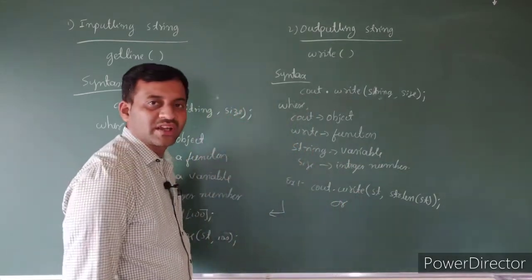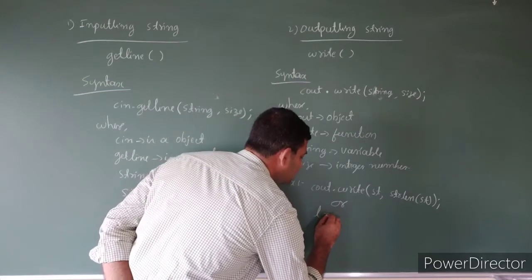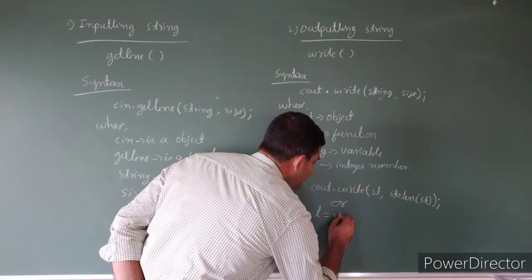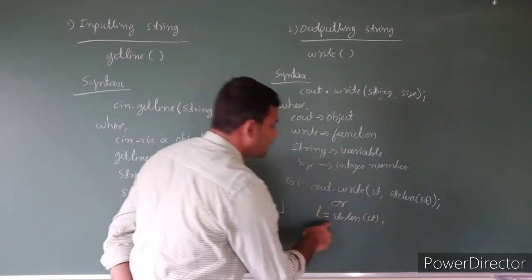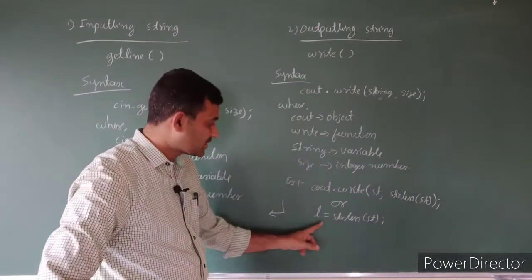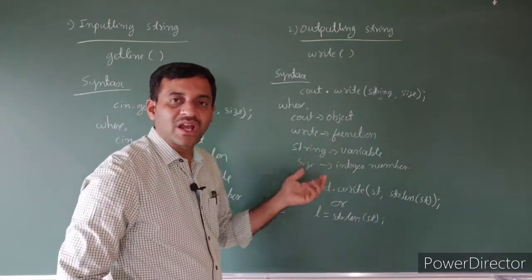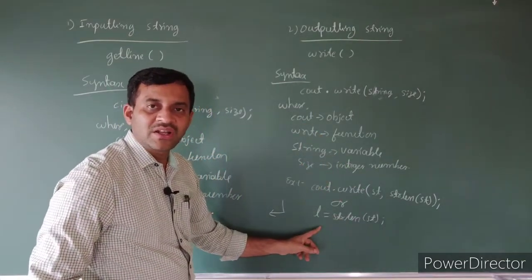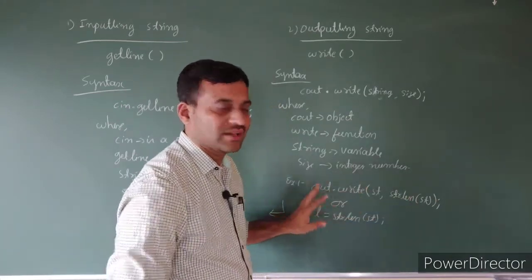Or one more method: before using the write function, we find the length, that is strlen of st. First we find the length of the given string and assign it to the variable l, because strlen returns an integer value. In the place of strlen, we use l.